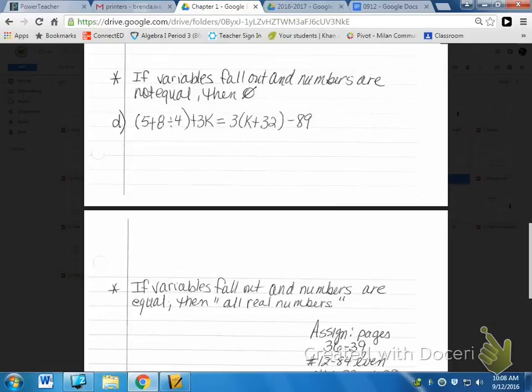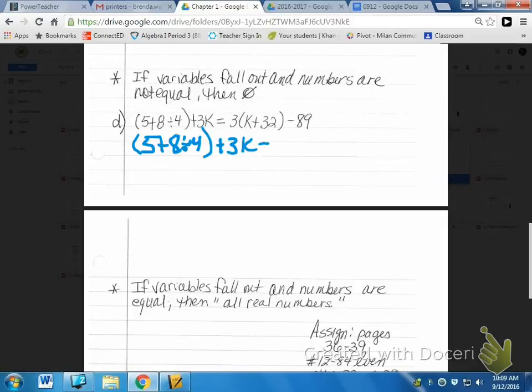In the parentheses, 5 plus 8 divided by 4, plus 3k, equals 3 times the quantity k plus 3, 2 minus 8, 9. Mytree, let's follow the steps of the poster. Let's do distributive property first. What would I write? 5 plus 2. Okay, I'm going to leave that like this because we're not distributing that yet.